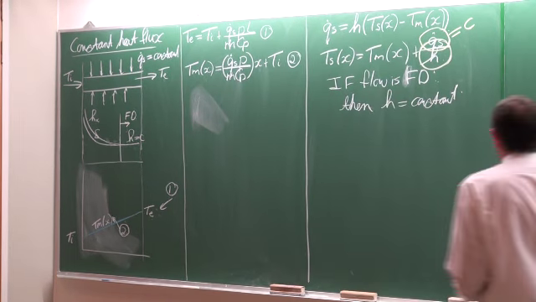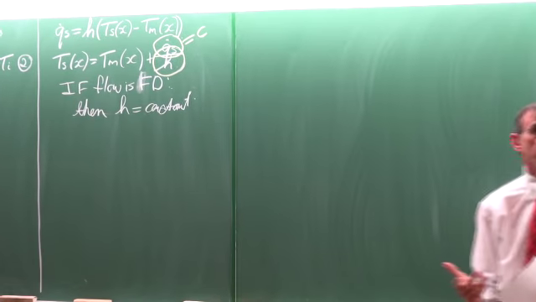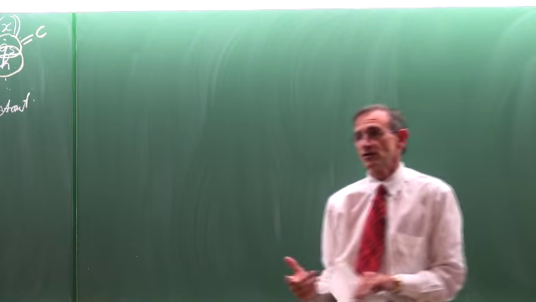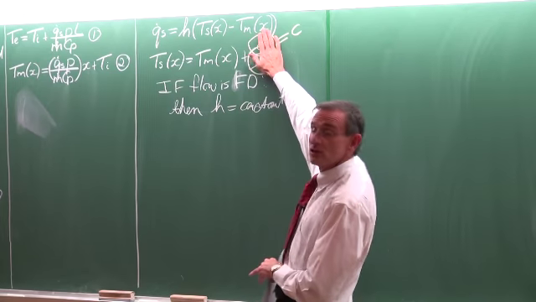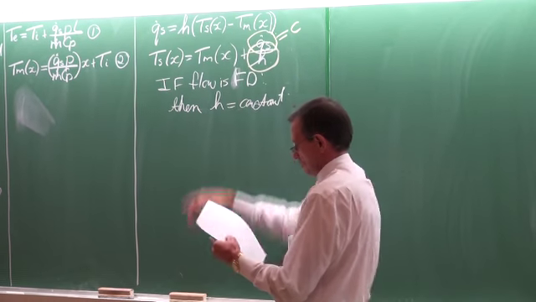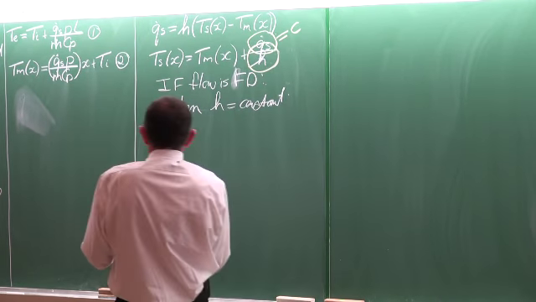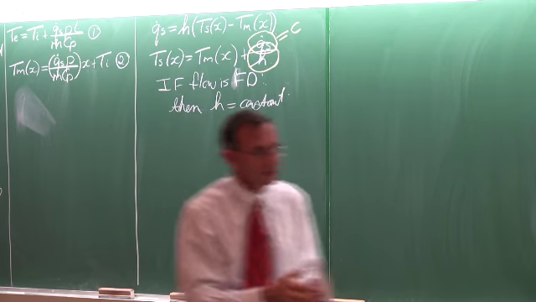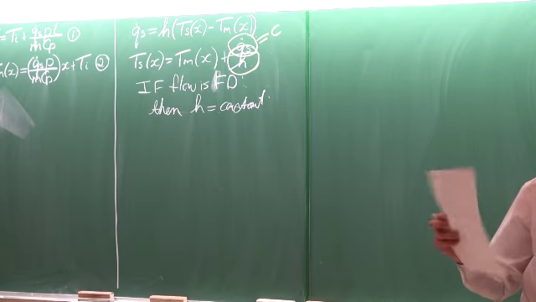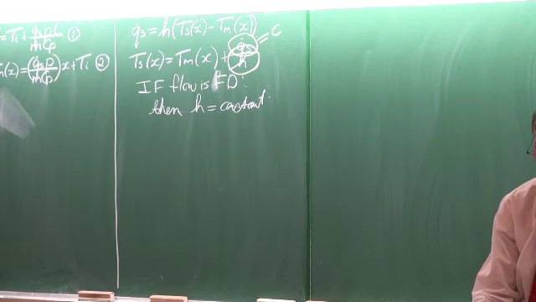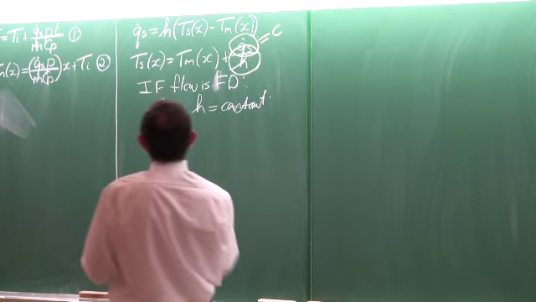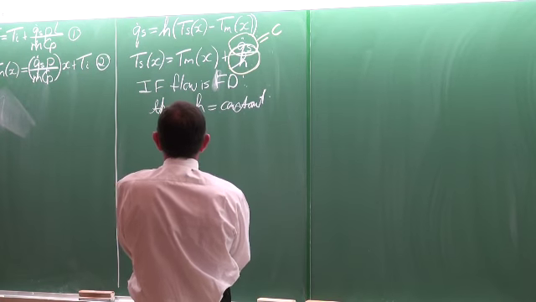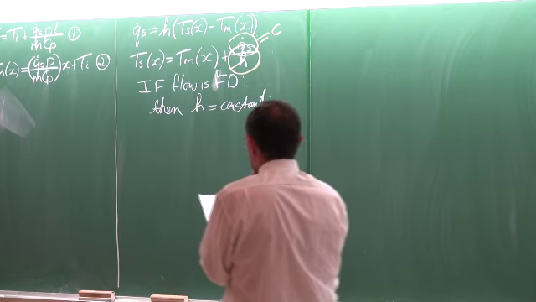And if we can get that heat transfer coefficient, it means that term is also a constant. So we can use that to now determine the temperature of the surface.